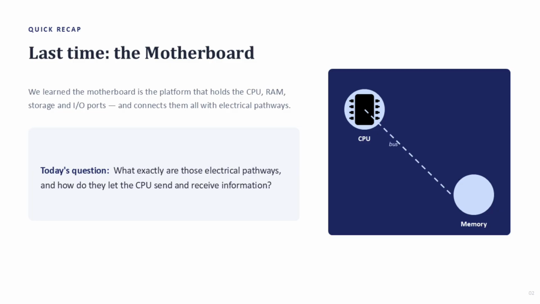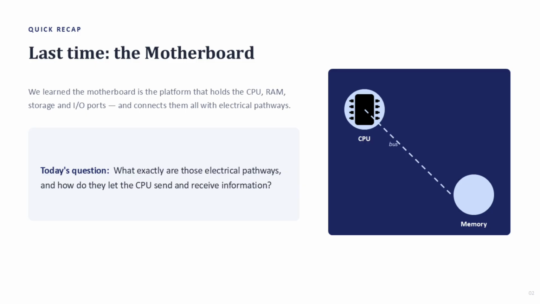Before we jump into today's topic, let's quickly revisit what we learned in the previous lesson. We learned that the motherboard is much more than just a board holding different components together. It is actually the central platform that connects the CPU, RAM, storage devices, expansion cards, and input output ports.